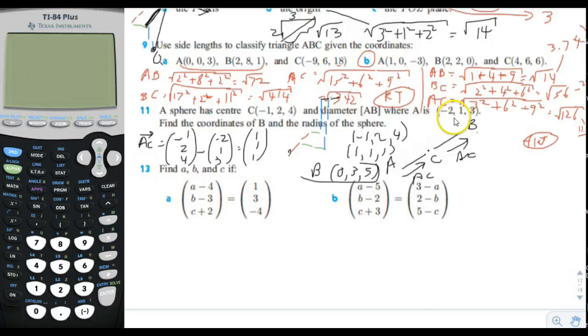So the answer for the coordinates of B would be 0, 3, 5.